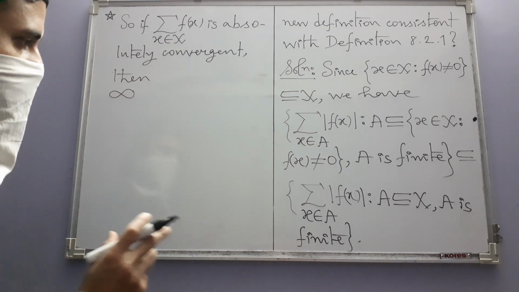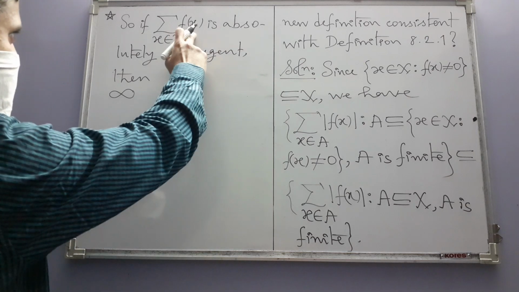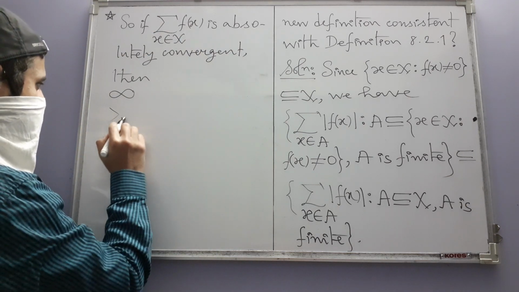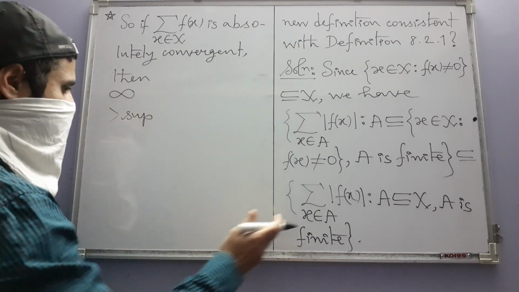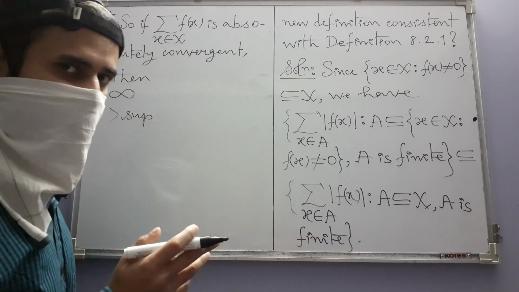We write the consequence, or rather the definition of absolute convergence of this. It means that the supremum of this set is less than infinity, by definition 824.